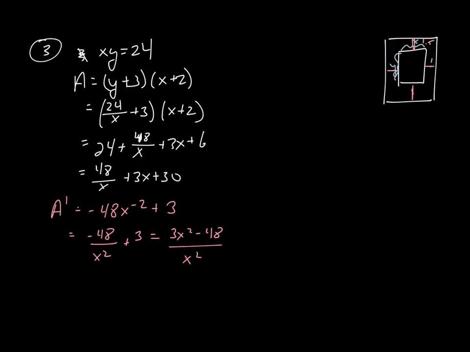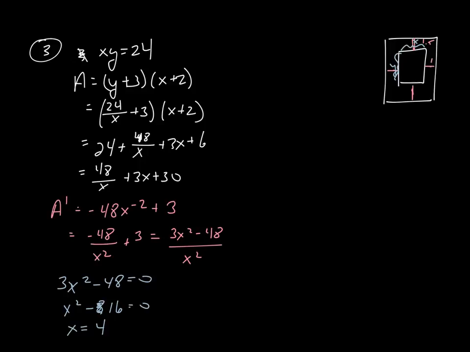So again, our first derivative is undefined when x equals 0, but that's not in our domain. We don't want our x dimension to be equal to 0. So let's just look at where the derivative is equal to 0. So that happens when x is equal to 4. Again, we'll reject the negative because we don't want a negative dimension.